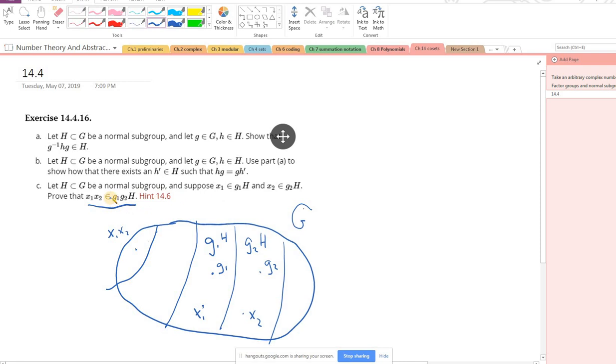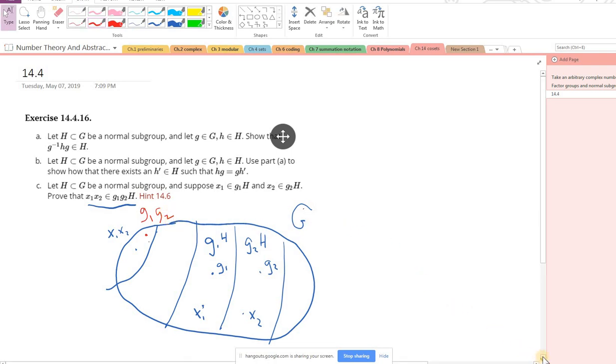Because in fact, this means that X1, X2 is equal to G1, G2 times some particular H. Now, if I brought that H over to the other side and took an inverse, that would mean G1, G2 is in X1, X2 H. So in fact, these must be in the same coset. I'm going to put that in red because that's what we want to prove. We want to prove G1, G2 is in the same coset as X1, X2.